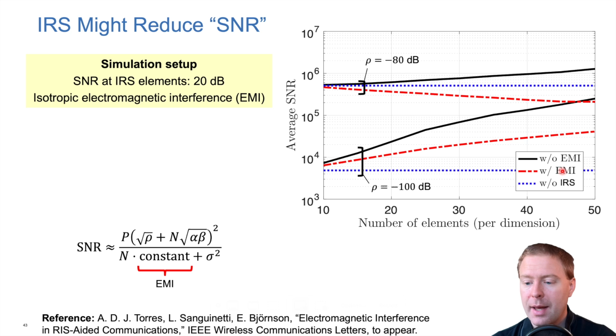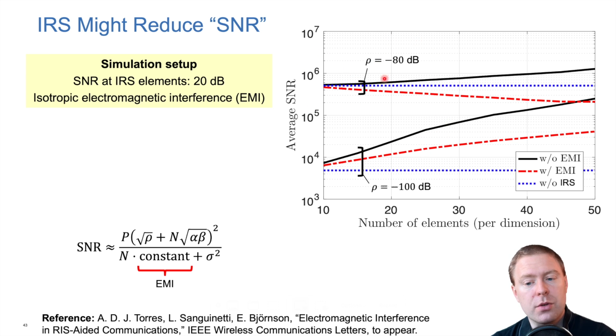But with EMI, we get something that is growing much more slowly. Why? Because this term is also growing with the number of elements. And if there is no IRS at all, we get this curve here that is constant. So in this case, the IRS is still providing an SNR improvement, but at a slower pace.